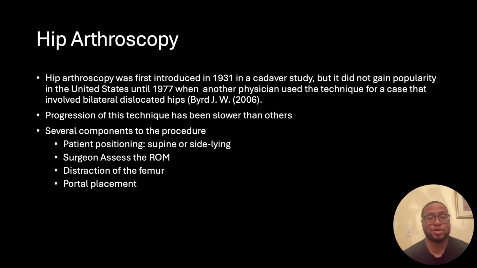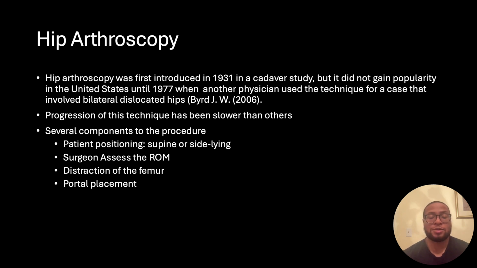So when it comes to hip arthroscopy, this was first introduced in 1931 in a cadaver study, but it didn't become popular in the US until 1977. There are several components to this procedure. These include patient positioning. The patient can either be positioned in supine or side lying, depending on the surgeon's preference.